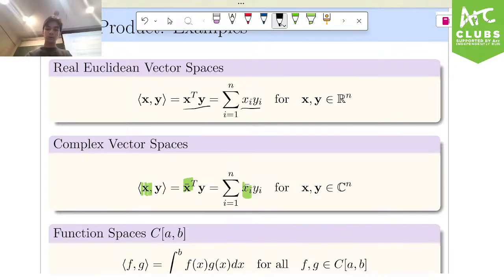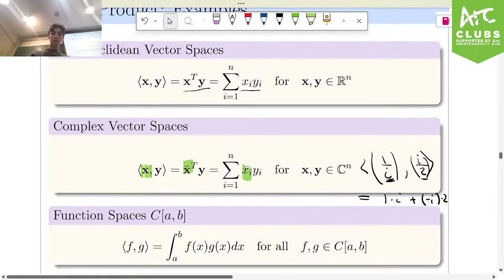So as an example, the inner product of (1, i) and (i, 2), for instance, would equal 1 times i plus negative i times 2, right? Does that make sense? So we took the product of this, and the product of the conjugate of i, which is negative i, and 2.